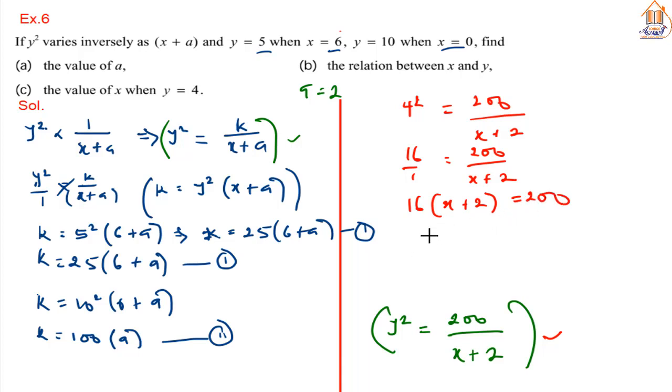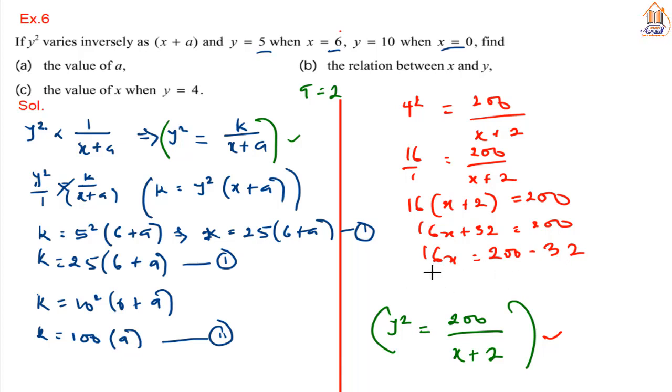We're going to open this bracket. So we have 16 times x will give us 16x, 16 times 2 plus 32 is equal to 200. Now we have 16x is equal to 200 minus 32. 200 minus 32 is going to give us 168.